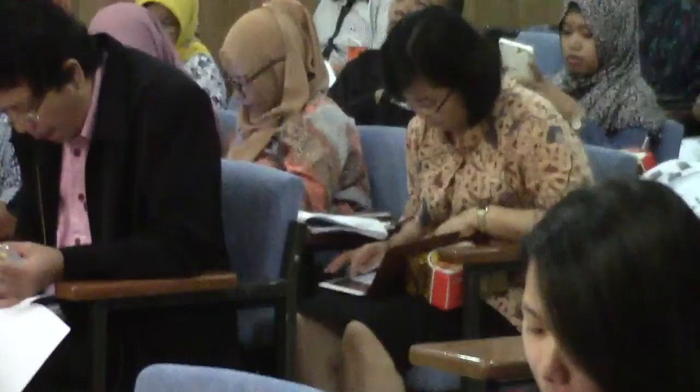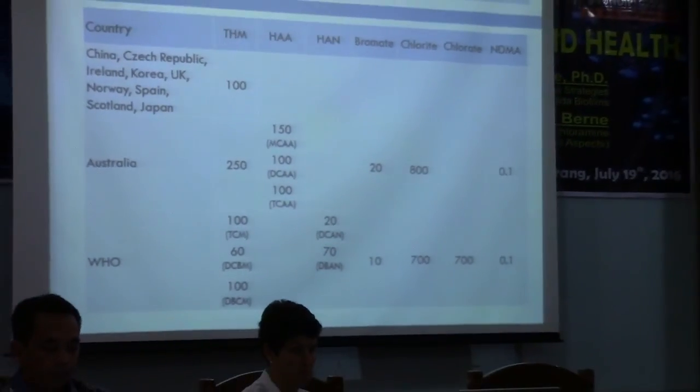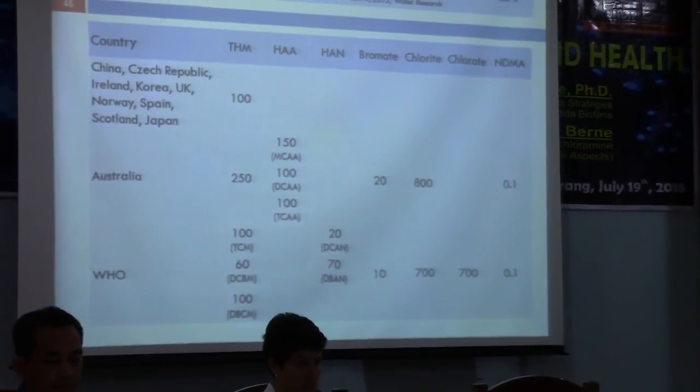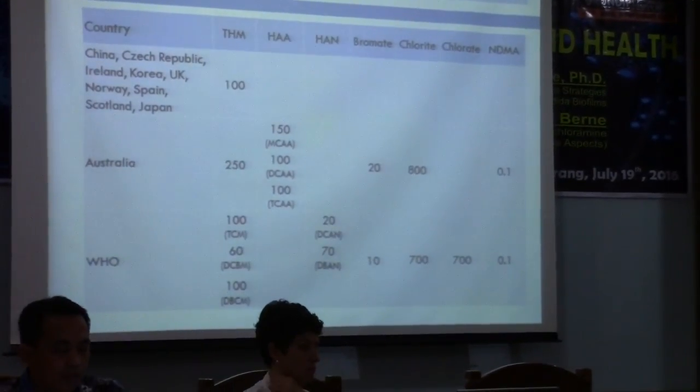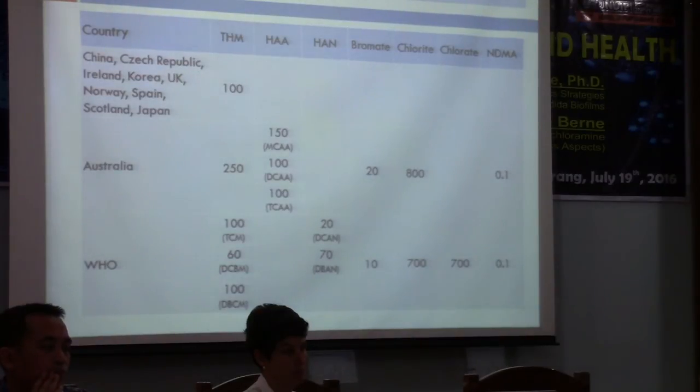And we have, for example, Australia with a less drastic regulation of 250 micrograms per liter of total THM. But you can also see there are countries that regulate other DBPs like haloacetic acids, due to their toxicity, for example.